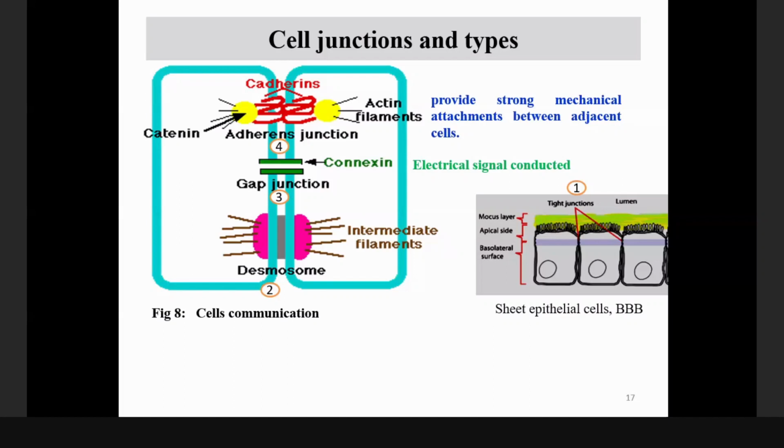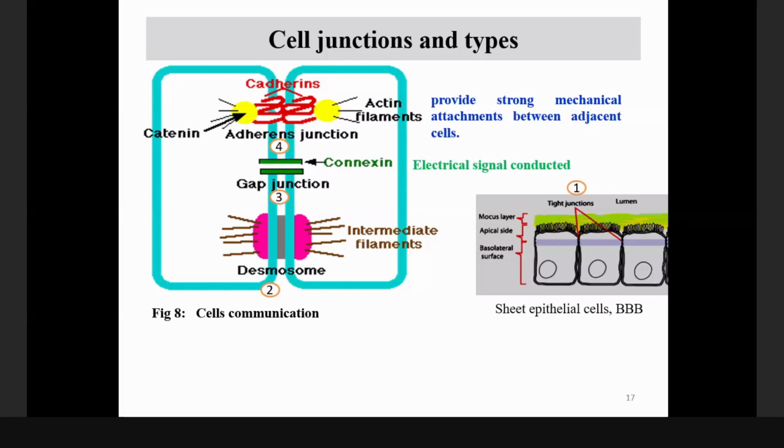The last is the adherens junction. If two adjacent cells are connected with actin filaments or actin proteins, that is an adherens junction. Anyways, you should know that two or more cells found in one tissue communicate with each other through cell junctions. These can be the tight junctions, the desmosome junctions, the gap junctions, and adherens junctions.